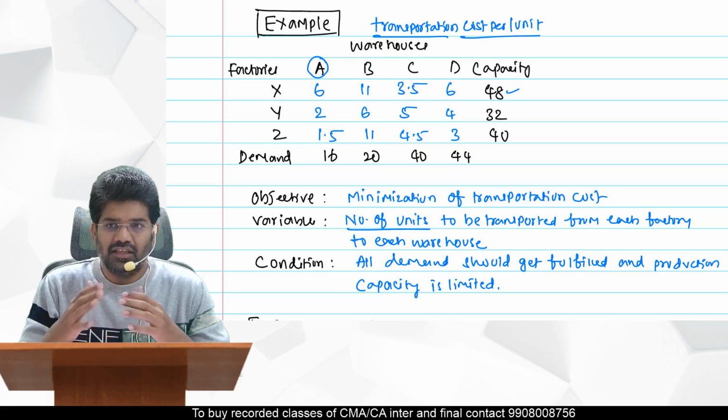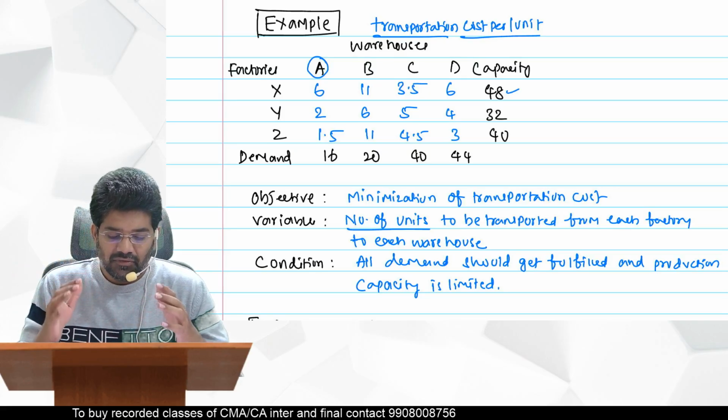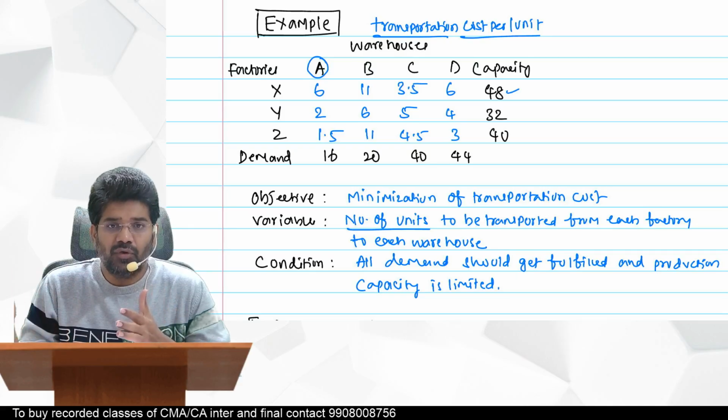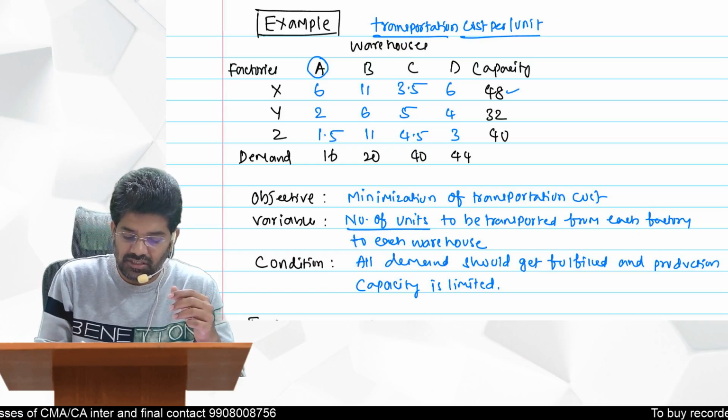So generally the warehouses and the factories will be different. In this question, they have four warehouses, A, B, C, D.